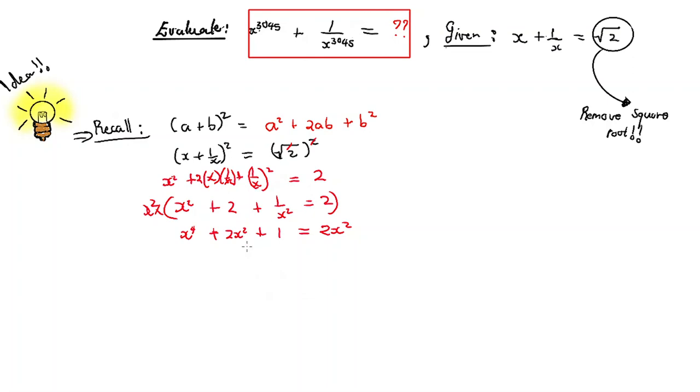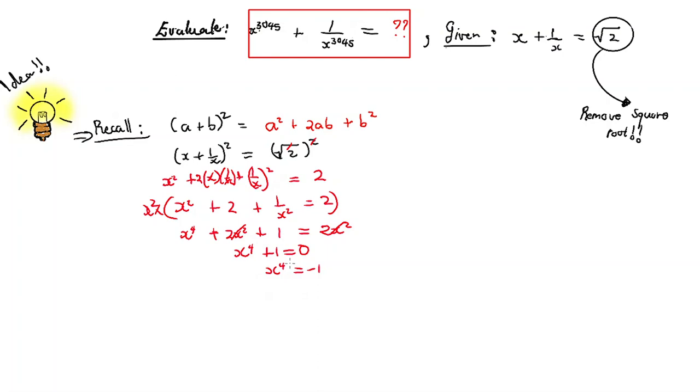Now when I subtract 2x squared from both sides of the equation, since they are like terms, they are going to cancel each other out. Then I will be left with x raised to exponent 4 plus 1 equal to 0, so x exponent 4 equal to negative 1.